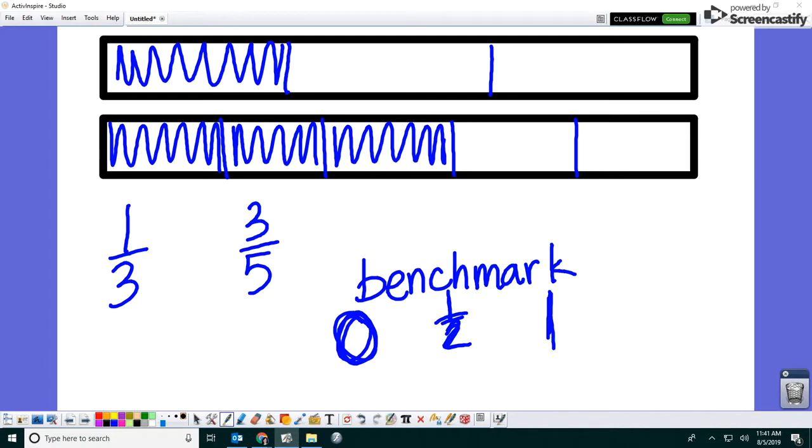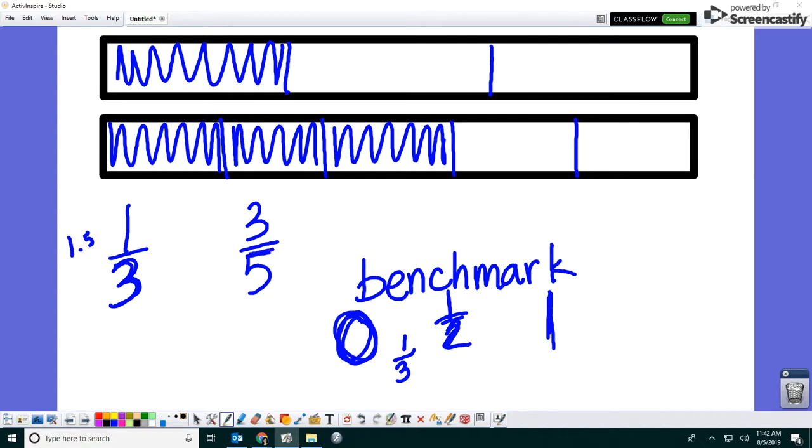Now, if I were to take half of 3, half of 3 is 1.5. So 1/3 is less than half. So 1/3 is going to be about right here on our benchmark line.